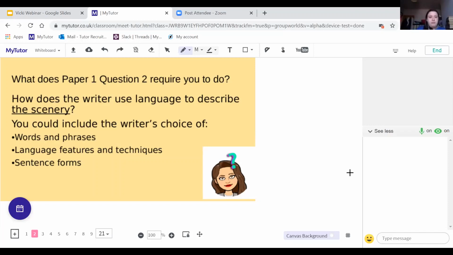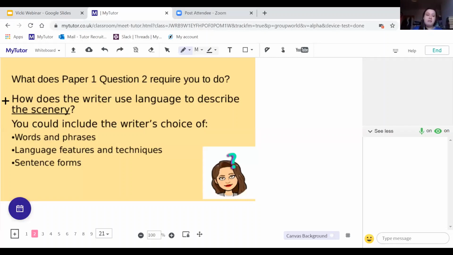So in terms of what paper 1 question 2 requires you to do, you will always be asked how the writer uses language to describe. On this occasion we're looking at the scenery. The underlined part here is the thing that changes, the subject that changes with each extract.